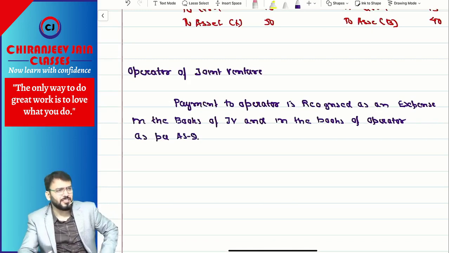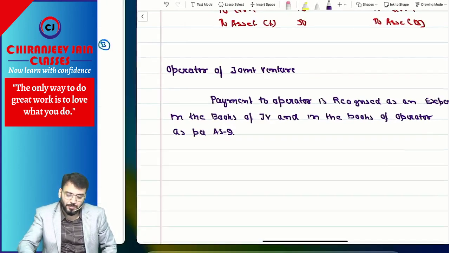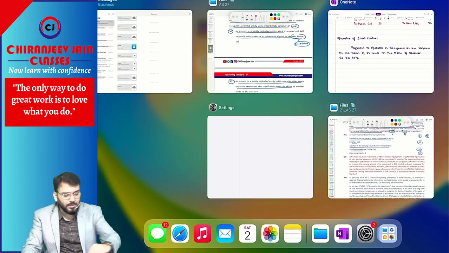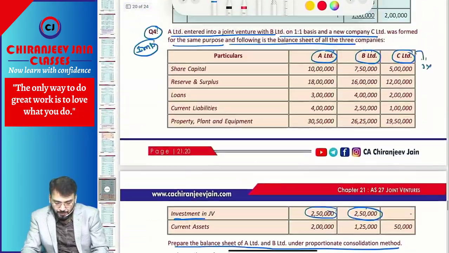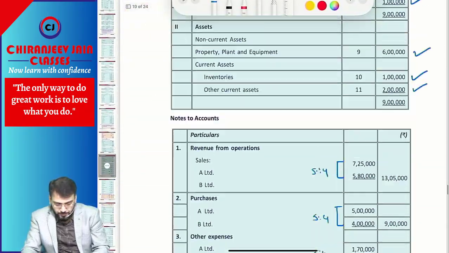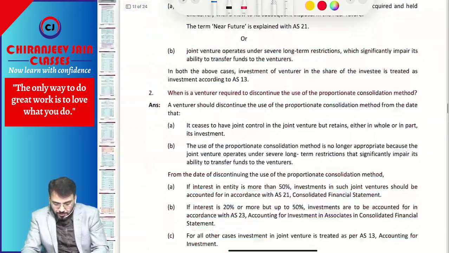So this can be asked as an MCQ. Operator fee will be accounted as per which accounting standard? So as per AS 9 in their books. Done. Let us come to MCQs. Then this chapter will be closed. Let's do the MCQs, okay?